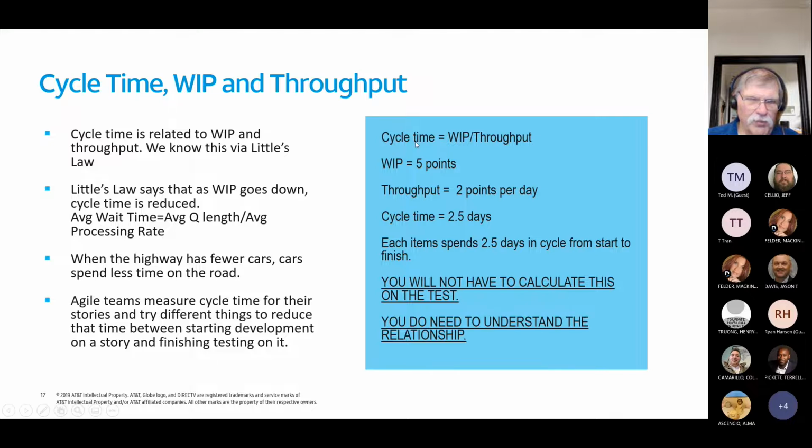So, in other words, the amount of time that is spent within this column or number of columns on that Kanban is equal to the amount of work in progress divided by how quickly you can process this work, or the throughput. So if you're able to do 2 points per day, and you've got 5 points in progress, your cycle time is 5 divided by 2, or 2.5 days. Just different ways of looking at these variables.